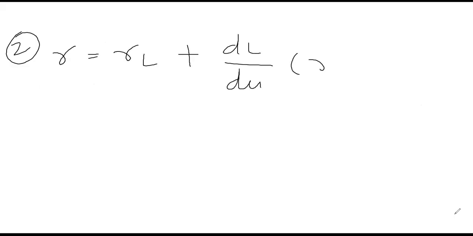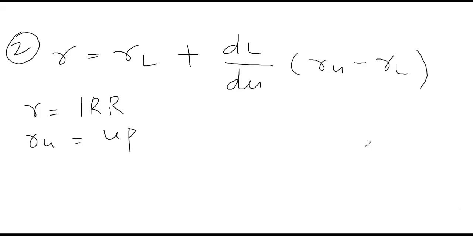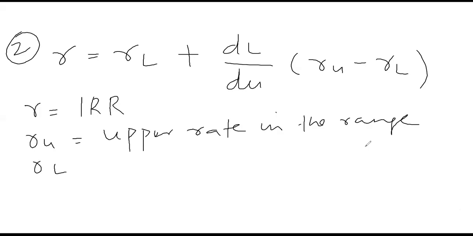Where R is the rate of return, the internal rate of return, RU is the upper rate in the range, like the previous annuity case, and RL is the lower rate in the range.